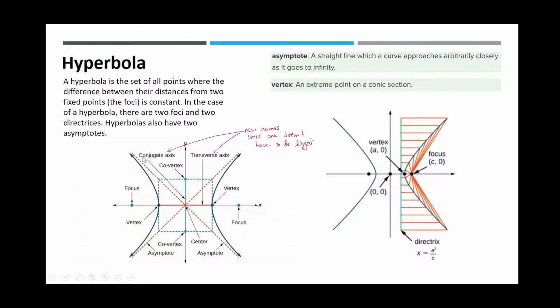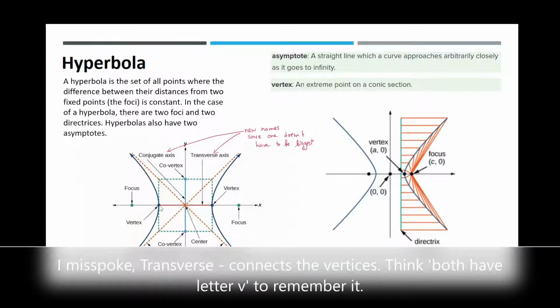We have a conjugate axis that is connecting one vertex to the other vertex, and then the perpendicular through the center is going to be called the transverse axis. We're not going to use major and minor axes here because technically these two points, the vertices, could be way closer together or farther apart. They don't necessarily have to be biggest one way or the other way.